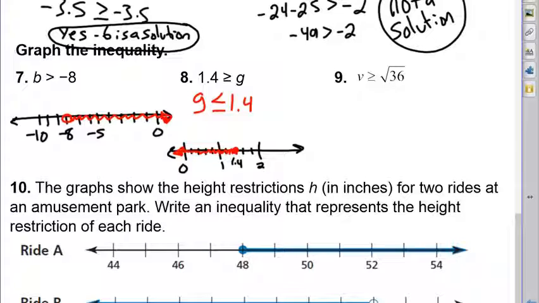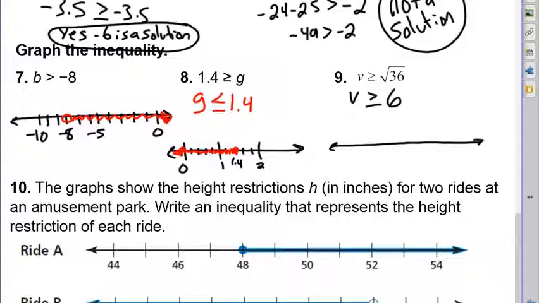Number 9 is a little awkward. We need to simplify this first. It tells us v is greater than or equal to the square root of 36, which is equivalent to saying v is greater than or equal to 6. We'll graph this on our number line.